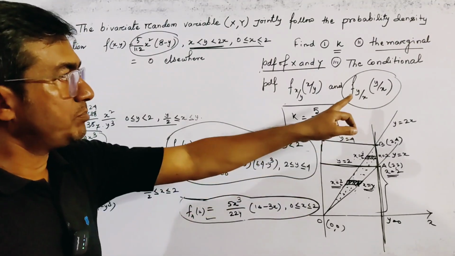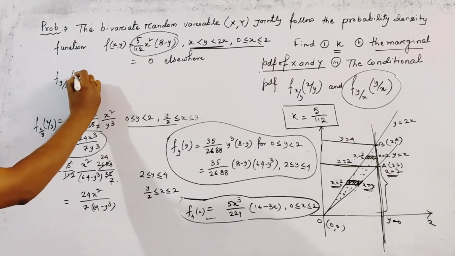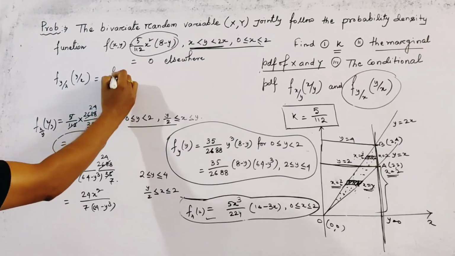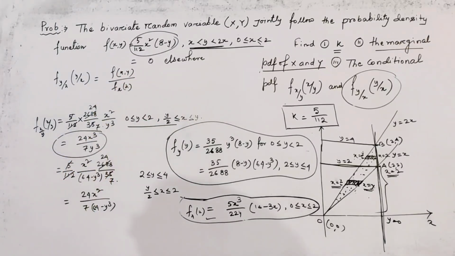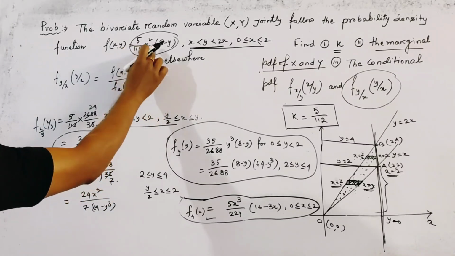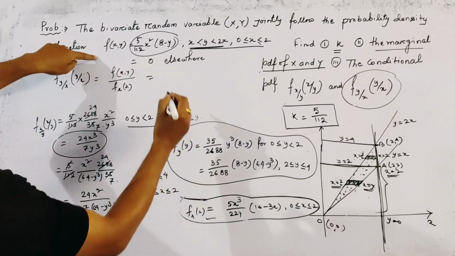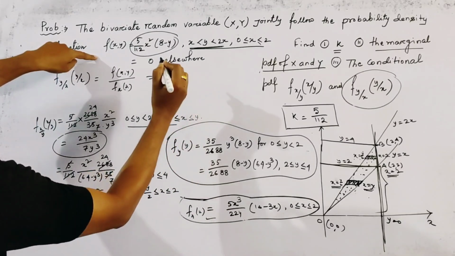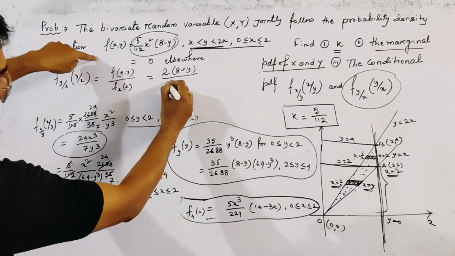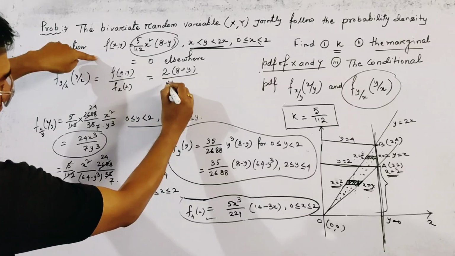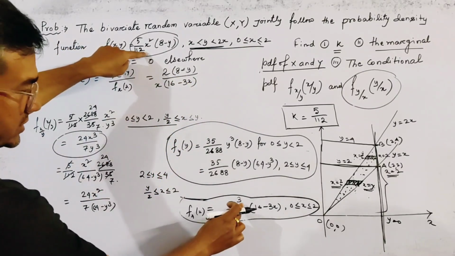Now another conditional PDF which is given by f of y given x, which is f_XY by f_X. Okay, and here we put f_XY means this and f_X is this. So by cancelling this and this, we get the result as 2 into (8 minus y) by 16 minus 3x into another x is here because here x cube is present.